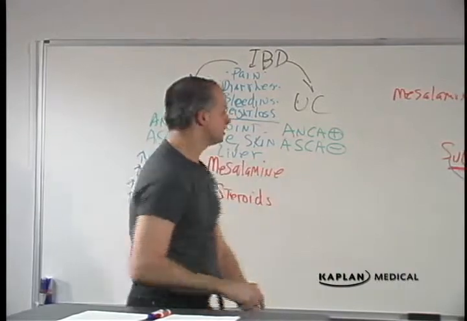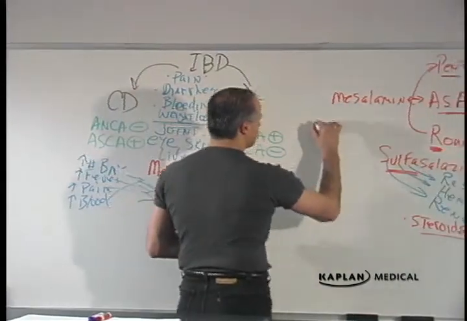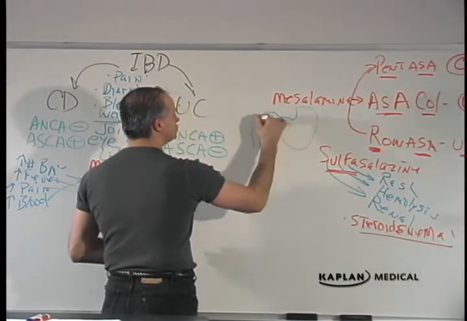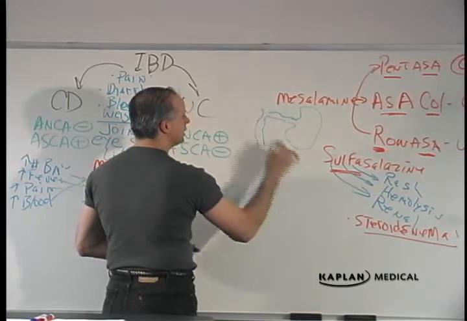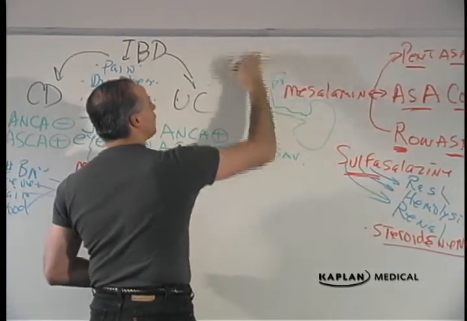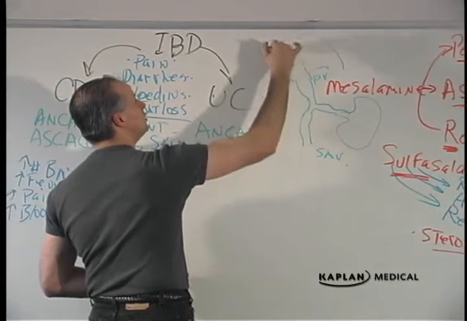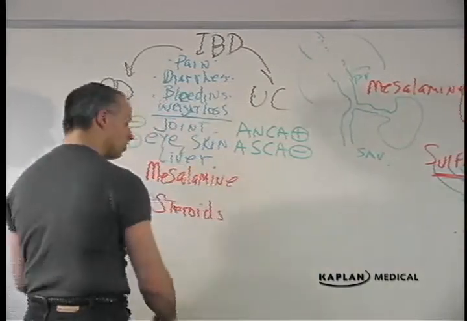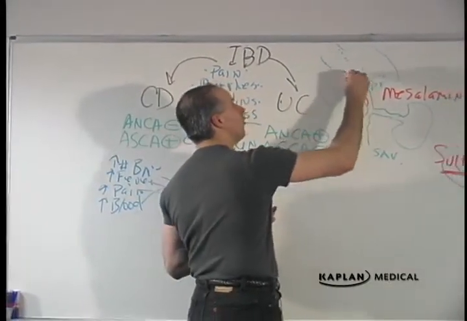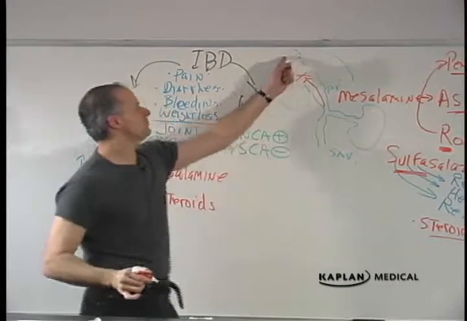First pass effect. So if that drug comes out of your colon, into the superior mesenteric vein, remember, here's the splenic vein, superior mesenteric vein, coming out of your colon, forming your portal vein, we want it so that after it goes through the portal vein, into the liver, and into the hepatic vein, all of that drug gets detoxified, so nothing goes into the hepatic vein.